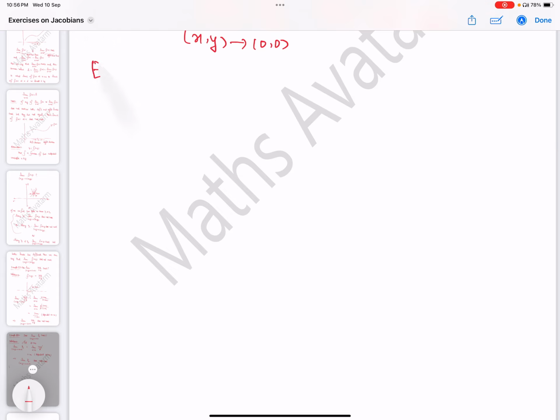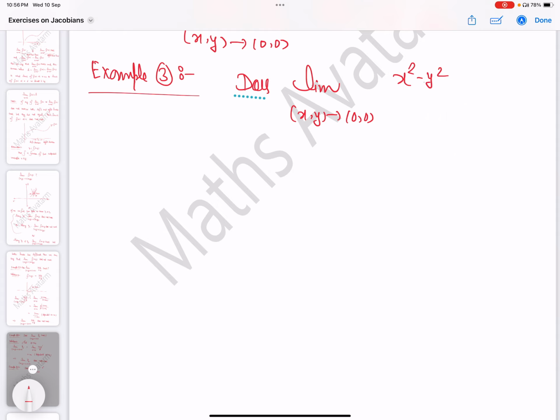So example 3. Does the limit (x, y) tending to (0, 0) of (x square minus y square) upon (x square plus y square) exist?